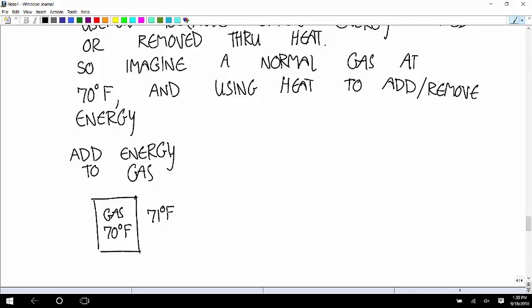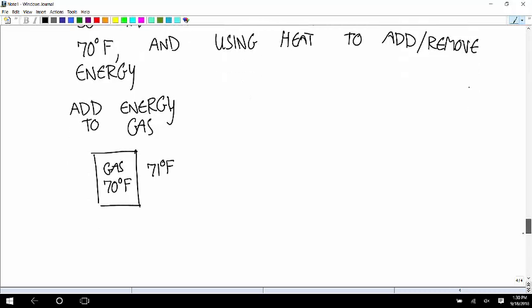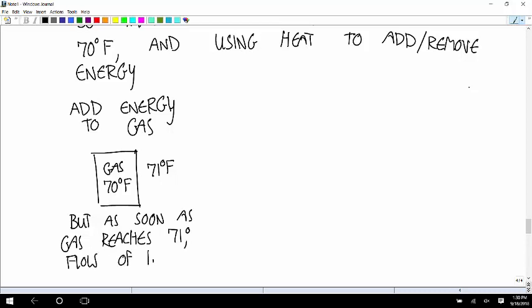Almost immediately, you get enough energy in there to raise the gas temperature to 71 or close enough to 71 that that flow pretty much stops, right? So as soon as the gas reaches 71 degrees, the flow of heat stops.